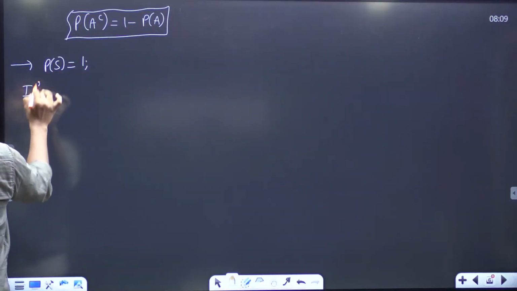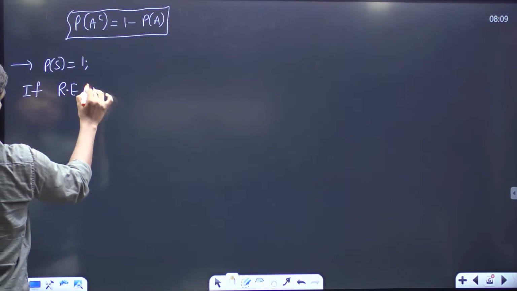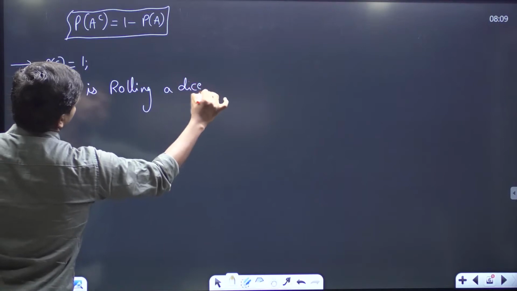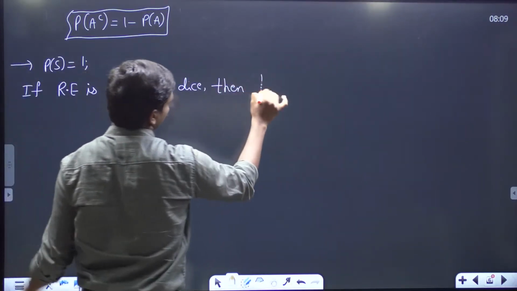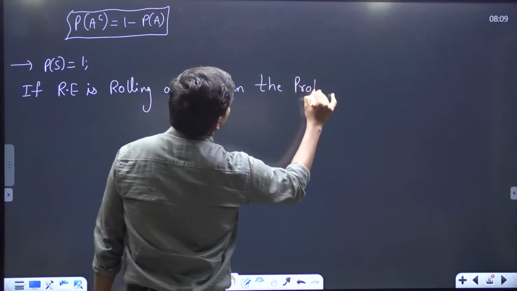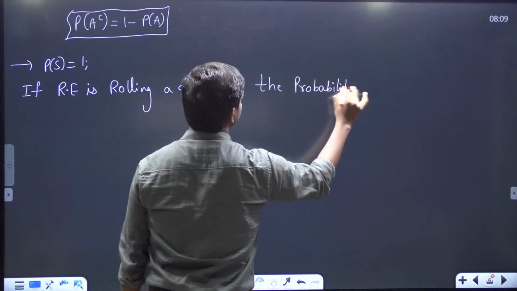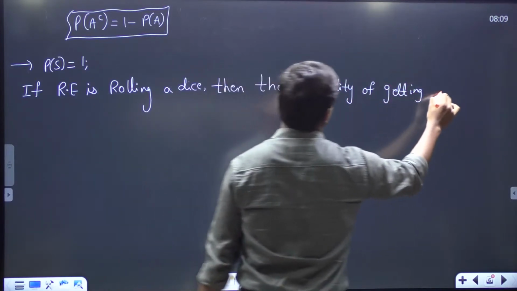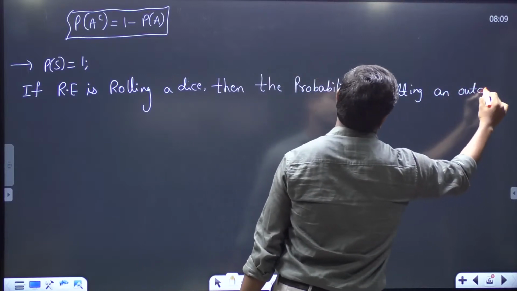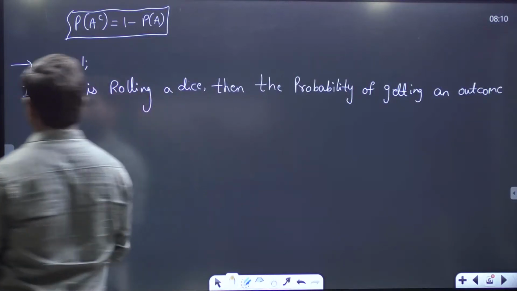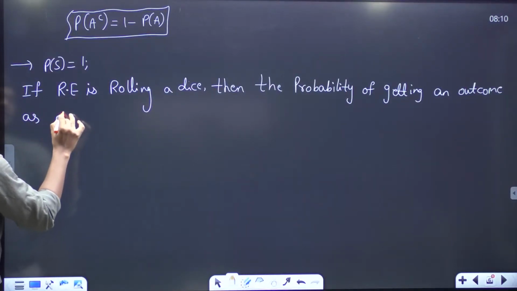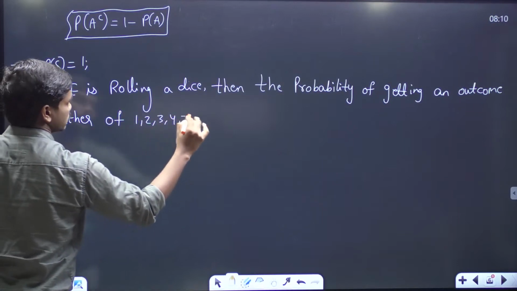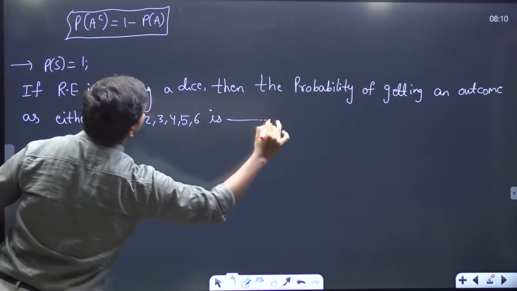So let us write: if a random experiment is rolling a die, then the probability of getting an outcome as either of 1, 2, 3, 4, 5, 6 is dash.